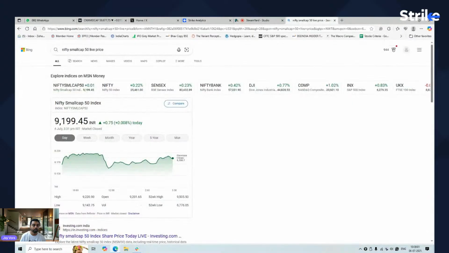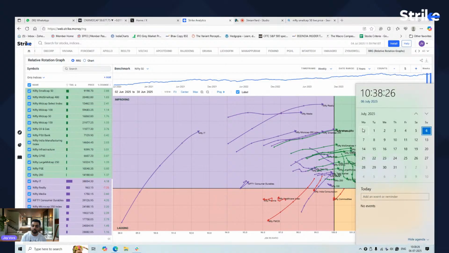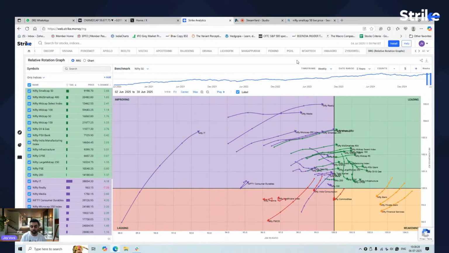So here, I can see that it is 9199.45. Usually, what happens is that some people do tend to take the last traded price. As you can see over here, the close is 9198.7, and that is what you see over here, 9198.7.